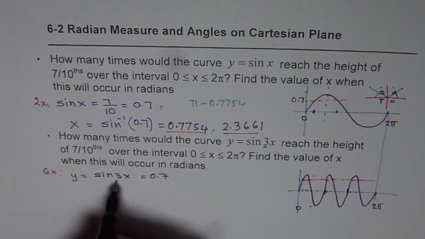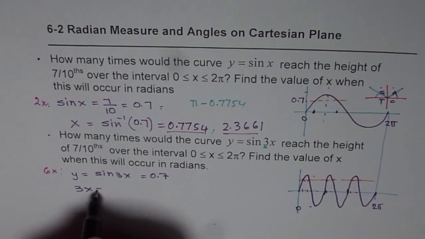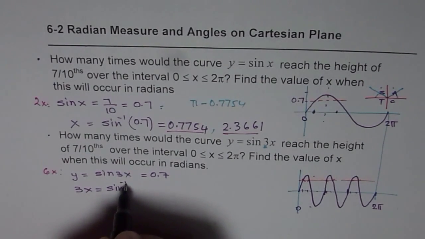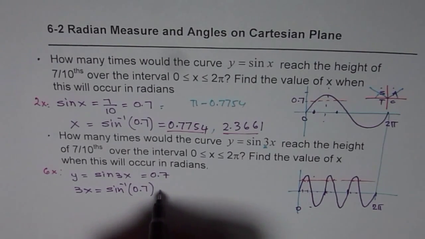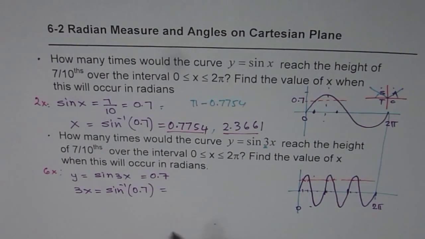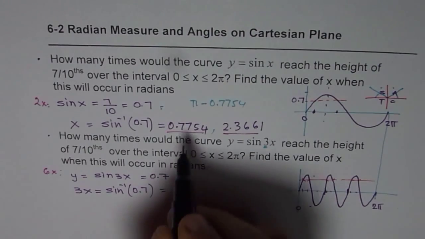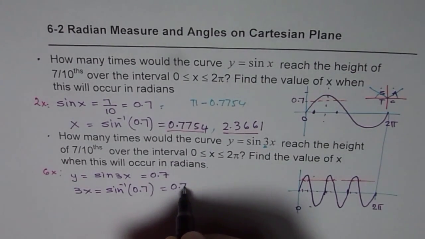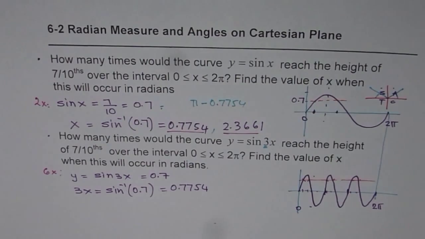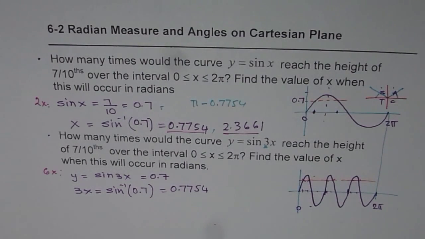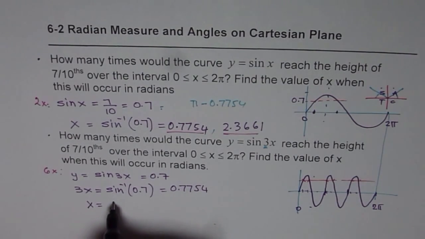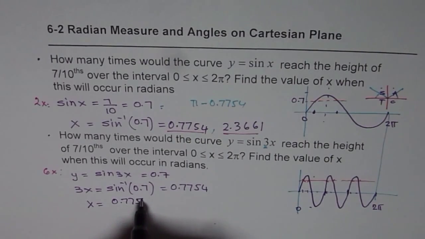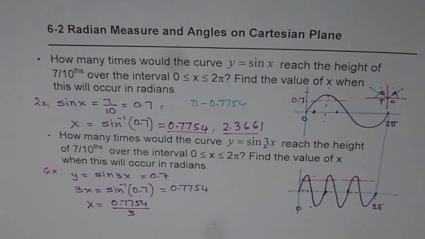To find the value we get 3x is equal to sine inverse of 0.7, and then we will calculate the value, which is 0.7754. So we get 3x equals 0.7754, and obviously x will be 1/3 of this value, right? So we have to divide this value by 3.